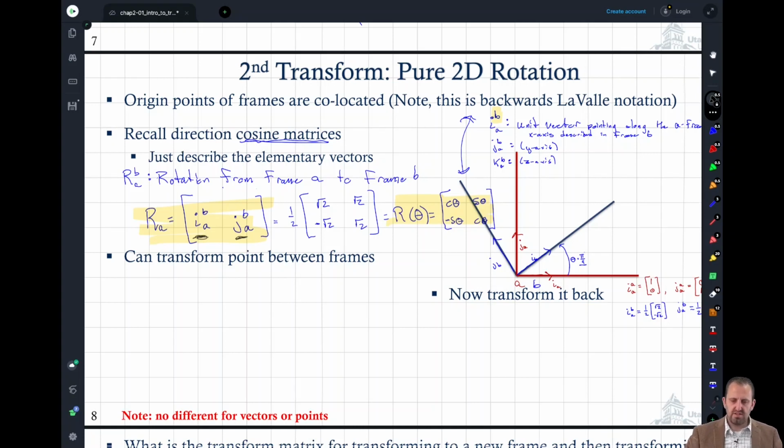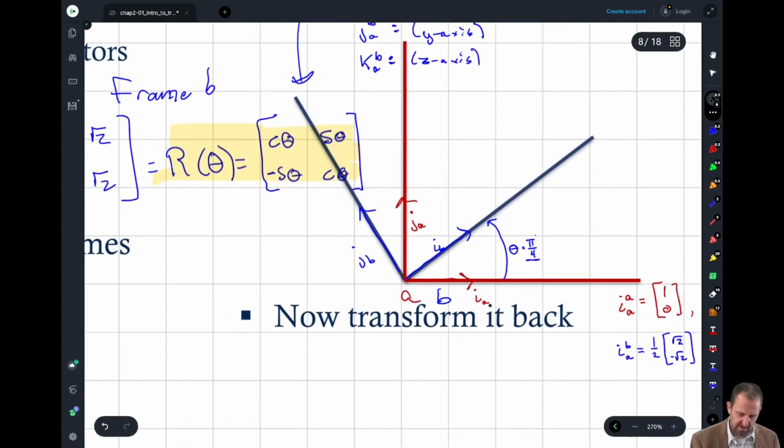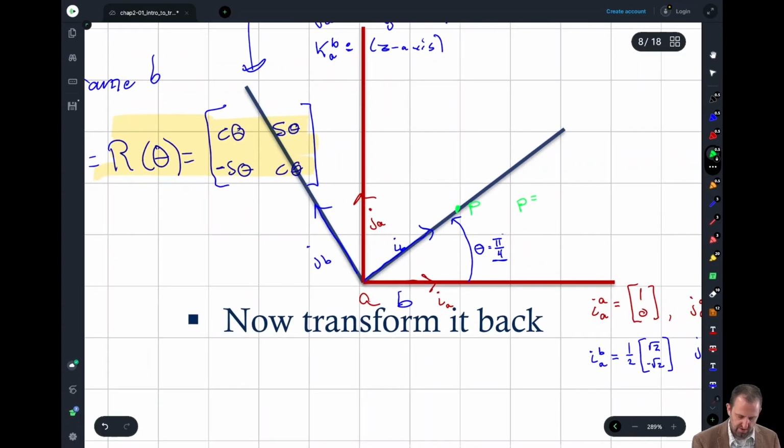Okay, so let's do a simple example. I'm going to define the point P right here. If I were to find the point in the B frame, it's pretty easy. I'm going to say that this is 2i sub B in the B frame, which is just equal to 2, 0.